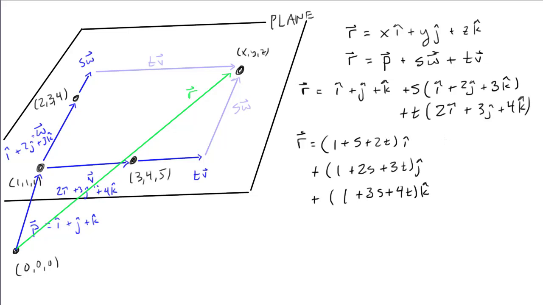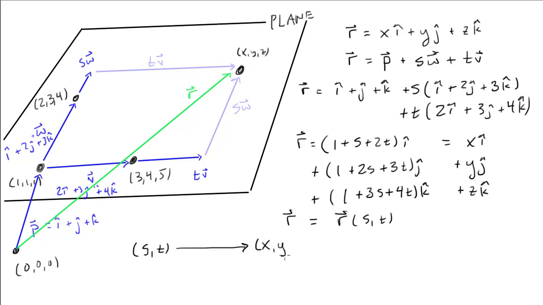This resultant vector points to the point x, y, z. So now that we've written it this way, the parametric form is easy. This resultant vector is a function of s and t. Parametrically, s and t go in, x, y, z comes out. I'm building up every point on the object in terms of the parameters. Every point is a function of the two variables, two parameters.